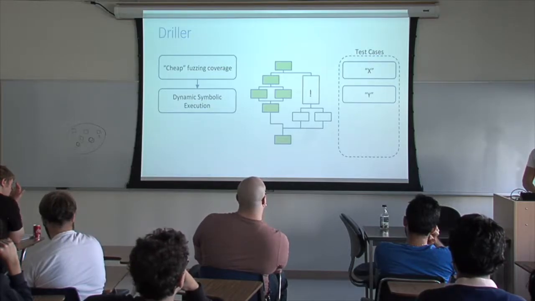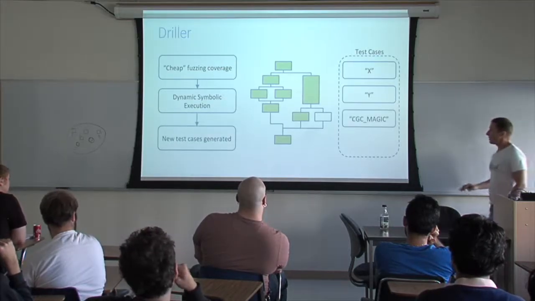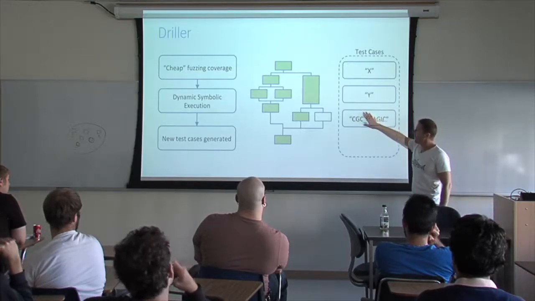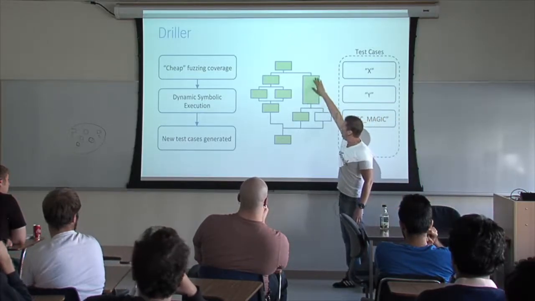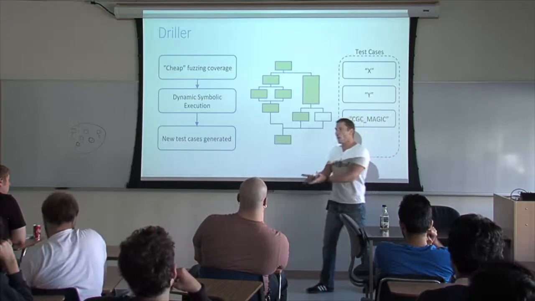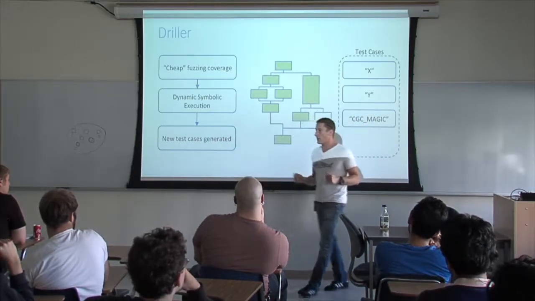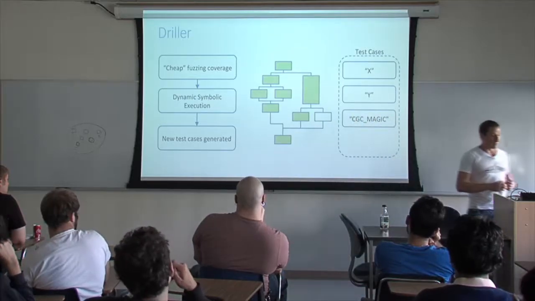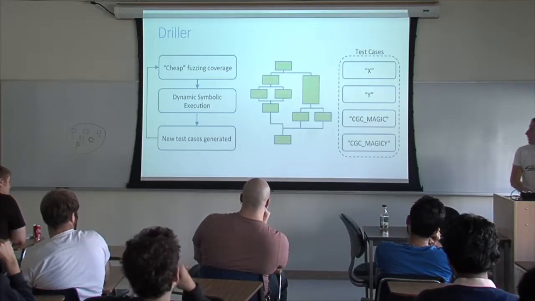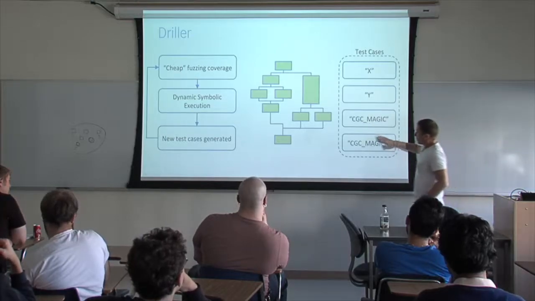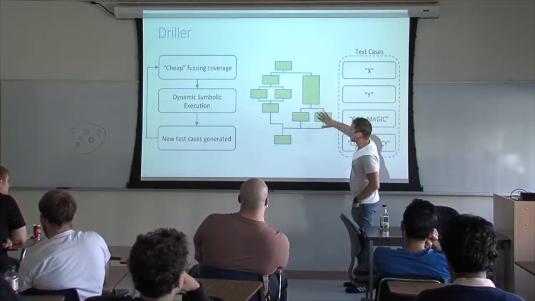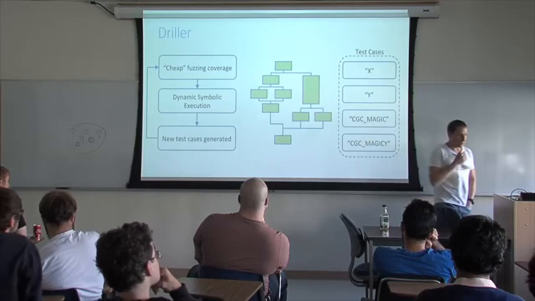Super expensive, but super powerful. And it tells you, oh, you need this magic value here to get here. Once you're past, you give the control back to AFL. It goes crazy. It does all these random things, until you're stuck again, and then you call another symbolic execution, which eventually will cover this particular thing.